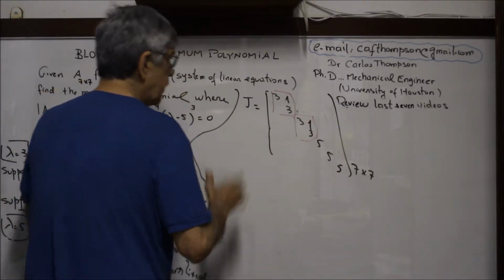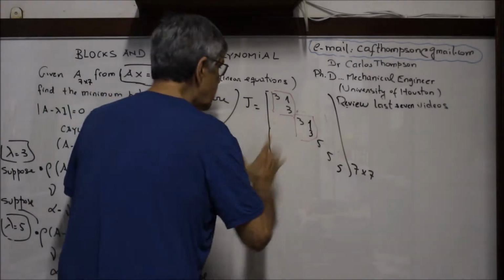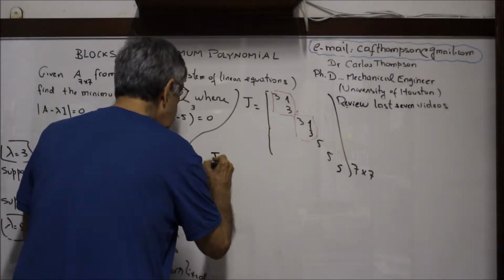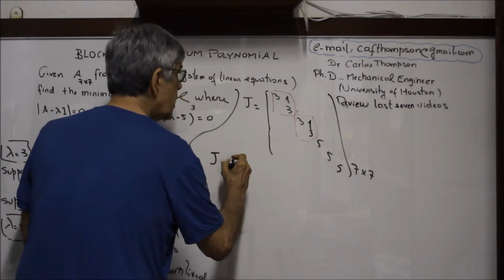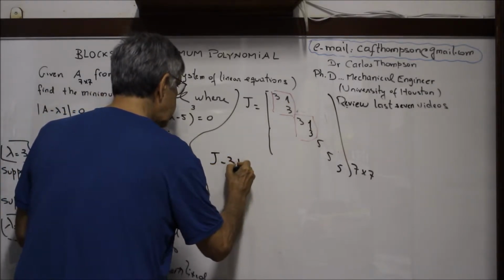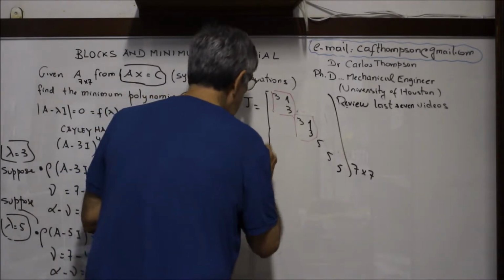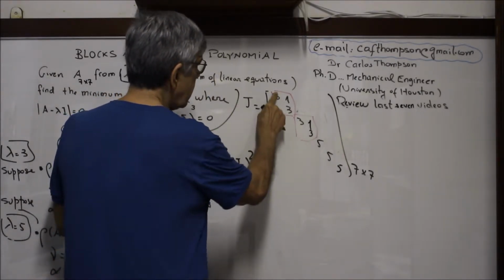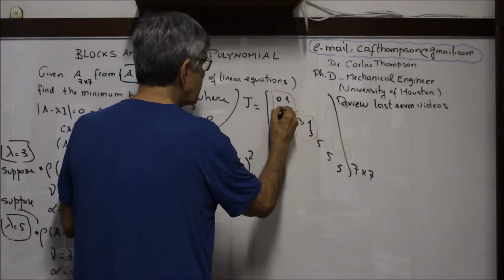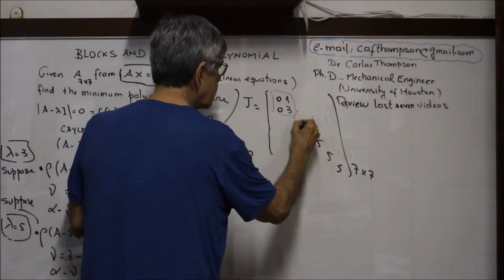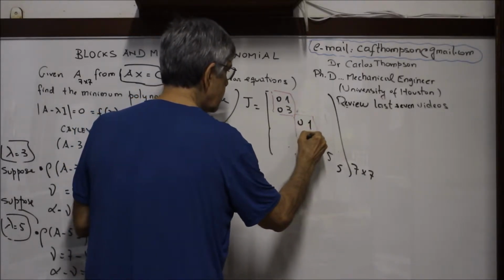Now, let's see. Look how easy it is to see. Let's put J minus 3I to the power 2. Look why. Here will be 0, 0 here, 0 here, 0, and 0.